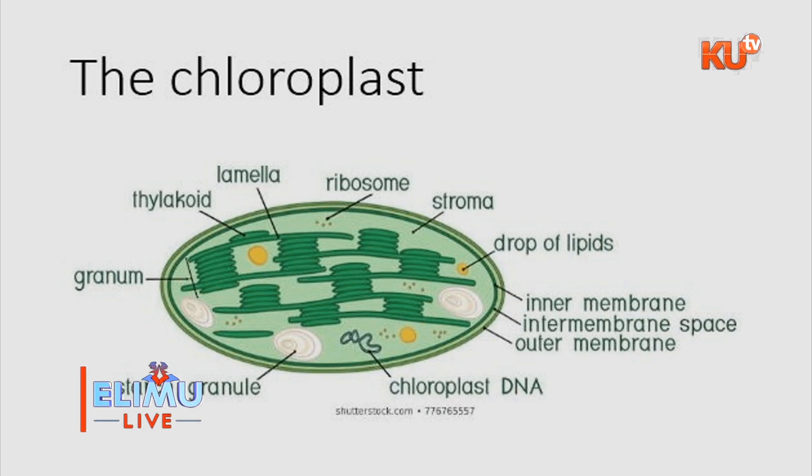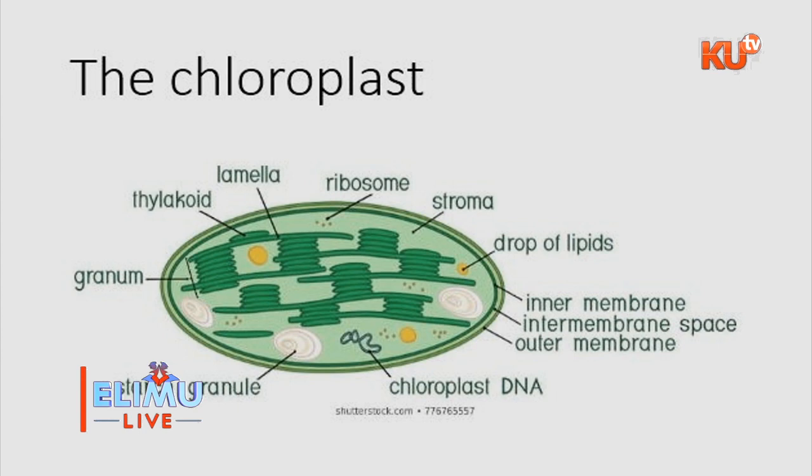We also have the starch granule, the granum, and the drop of lipid. Lipid droplets are found in almost all organelles. Finally, we have the inner membrane, the outer membrane, and the intermembrane space, if you must know.